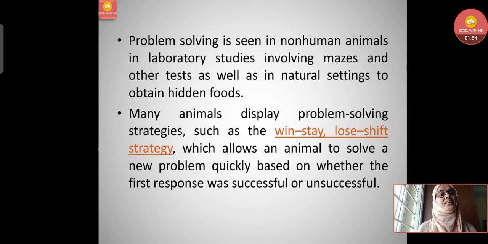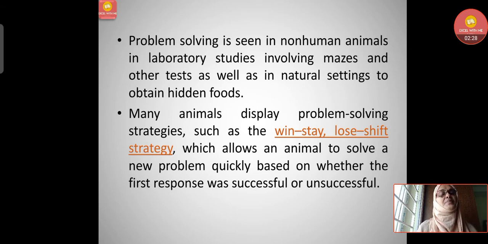You might have learned in psychology, different psychologists like Watson, Skinner, they have used different animals, dogs, pigeons, mice, and chimpanzees also, to know how they will interact if a certain problem is faced by them. So even animals have the ability to solve problems.